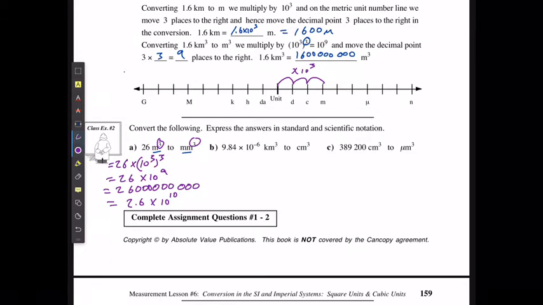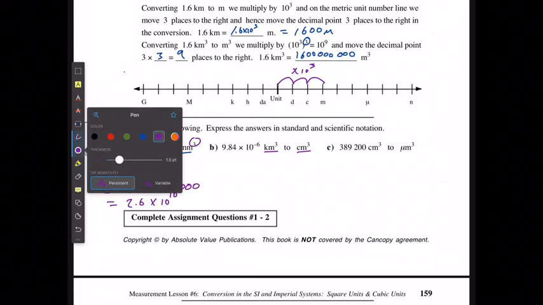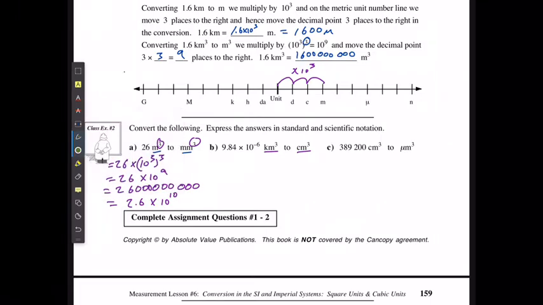If I'm doing it for the second one, where it says kilometers cubed to centimeters cubed, well, I'm going to say that I have 9.84 times 10 to the negative 6 multiplied by how many units do I have to move this over from kilometers to centimeters? 1, 2, 3, 4, 5. So I would say that that would be 9.84 times 10 to the power of 5 to the power of 3, or 9.84 times 10 to the negative 6 times 10 to the power of 15.